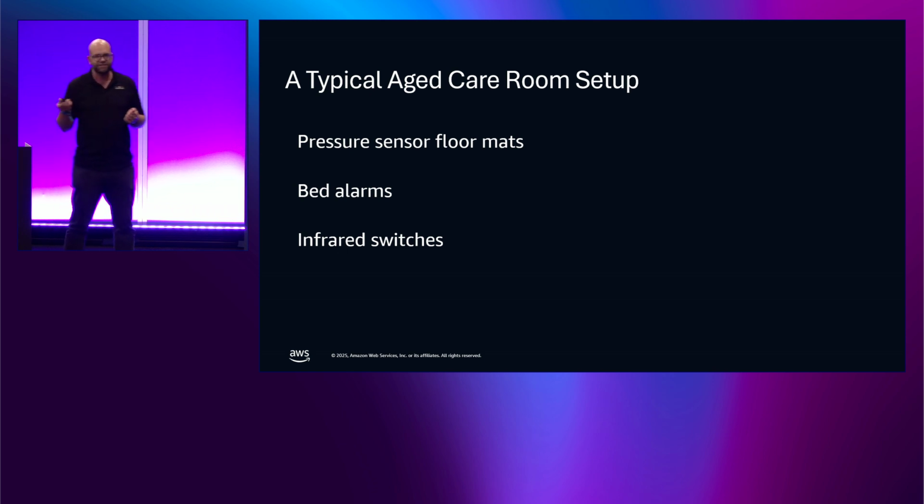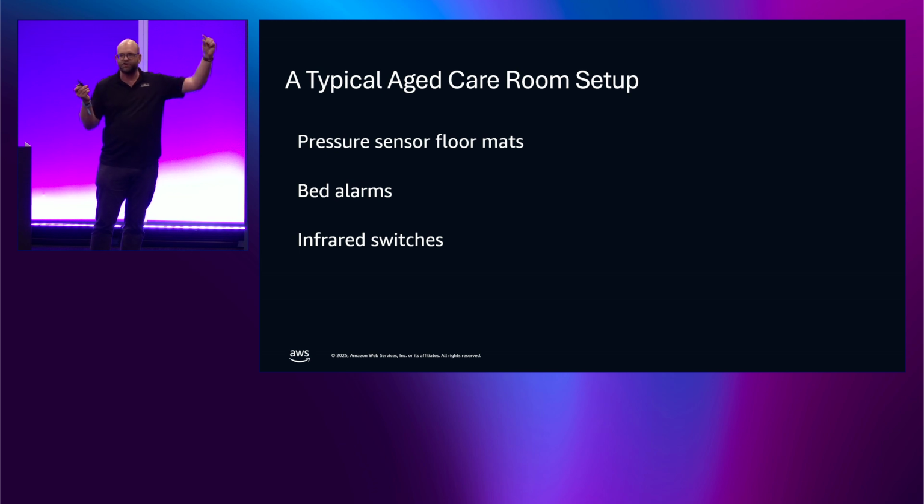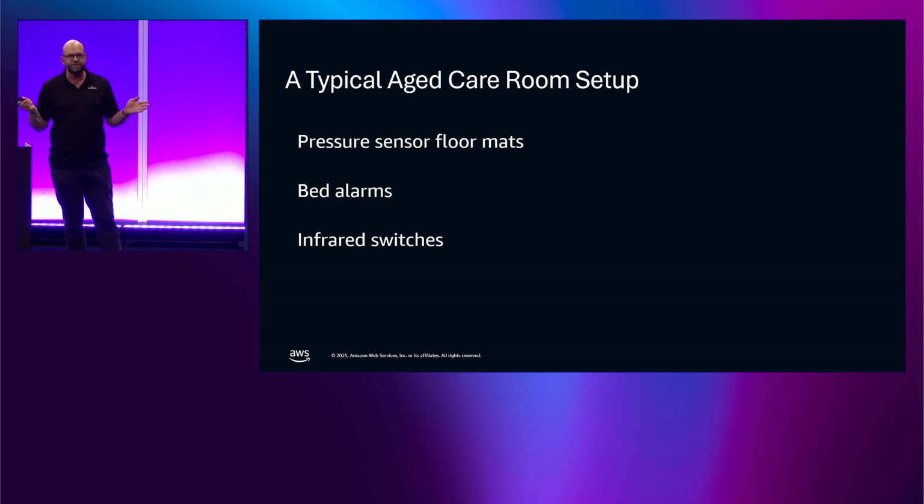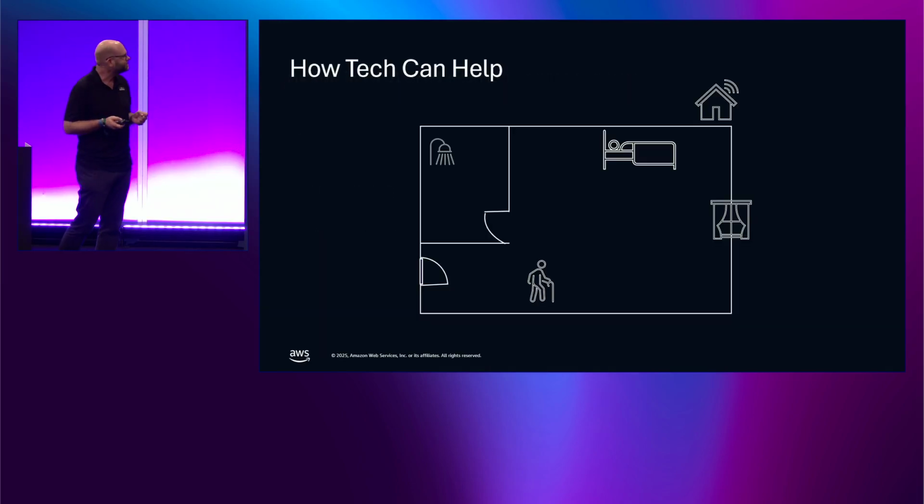And there's infrared switches as well, so they can be put on doors to know if someone's gone into a bathroom or whatever. The problem with all this tech is that it's old and it can break down, and these are very expensive things to put into an aged care facility.